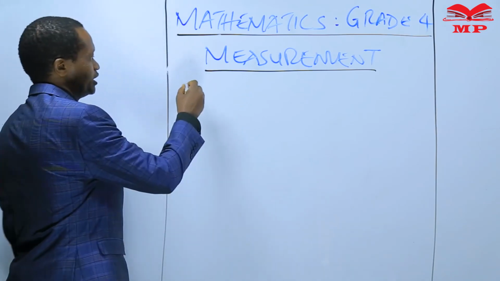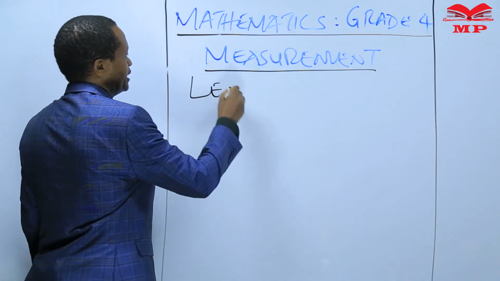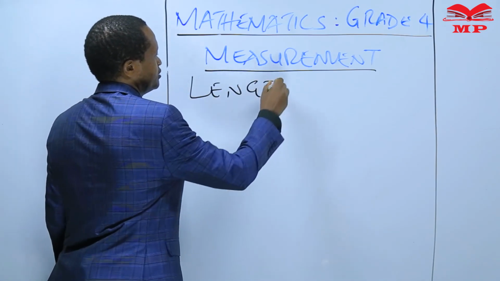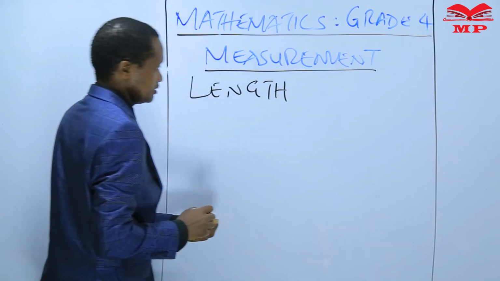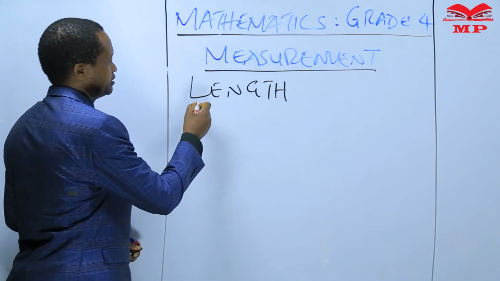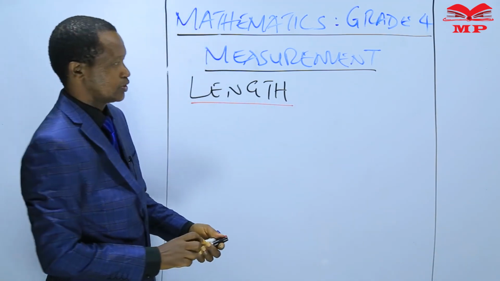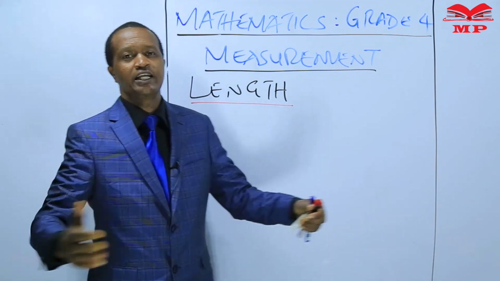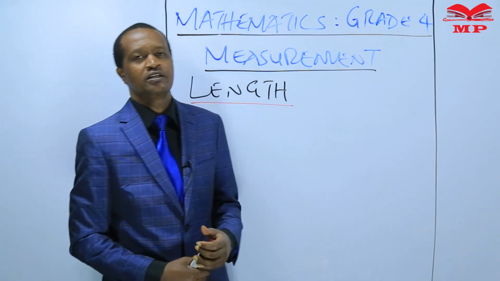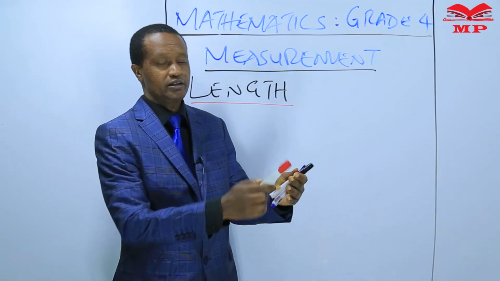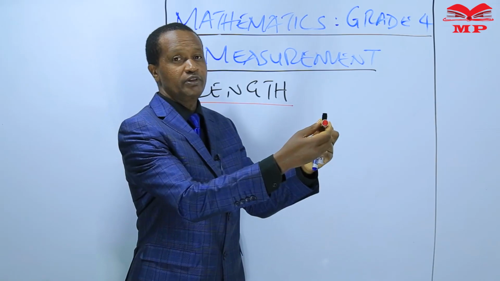So I want you to write down length. We are going in this lesson to learn how to measure length of different things. Like this pen, we can measure the length of this pen.